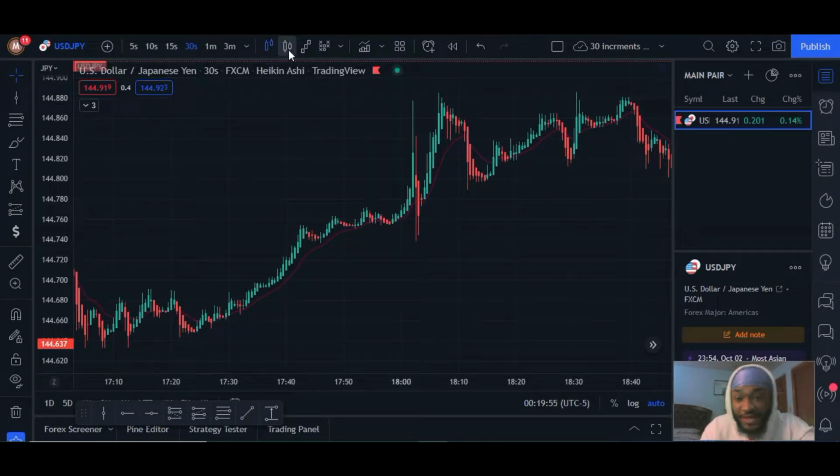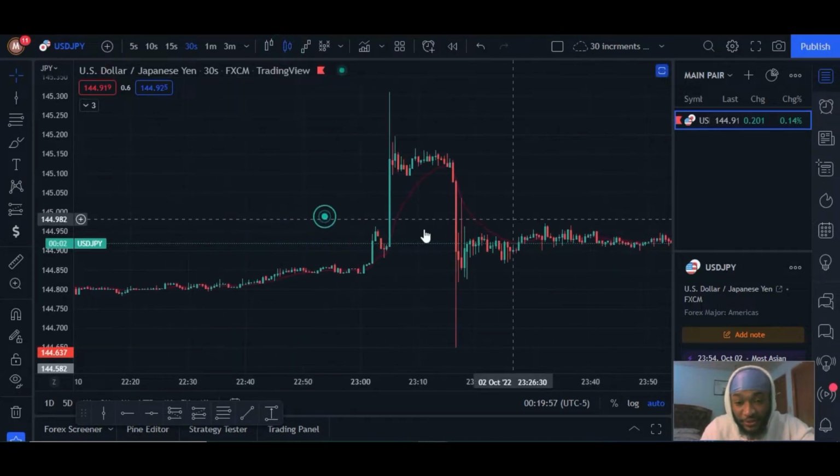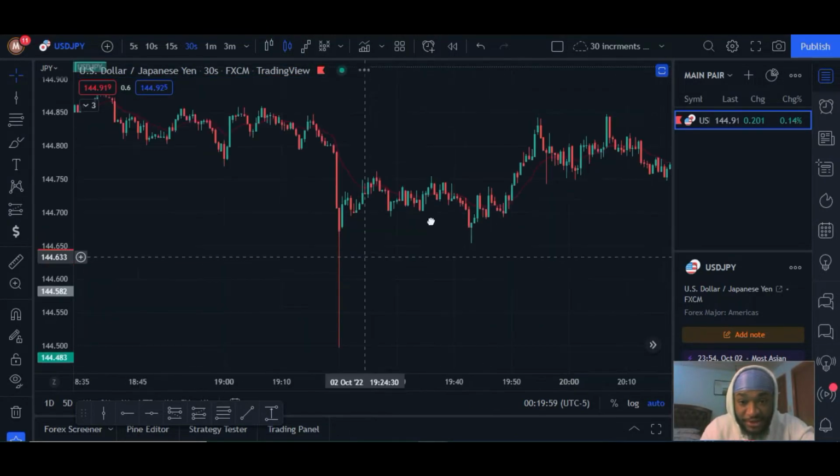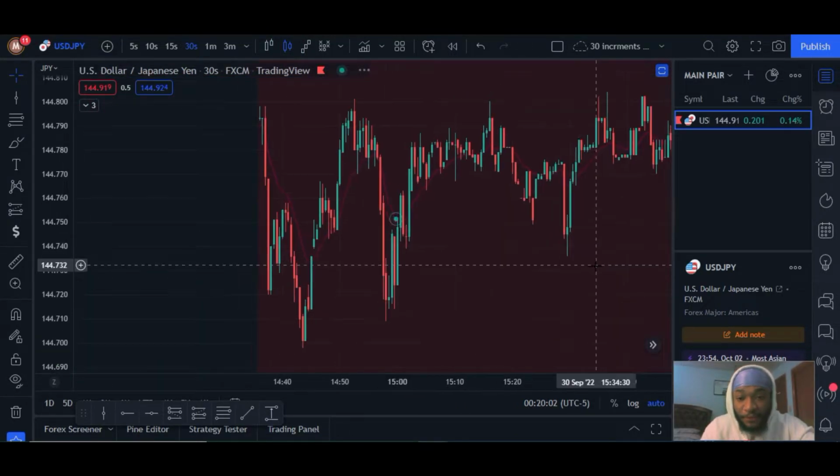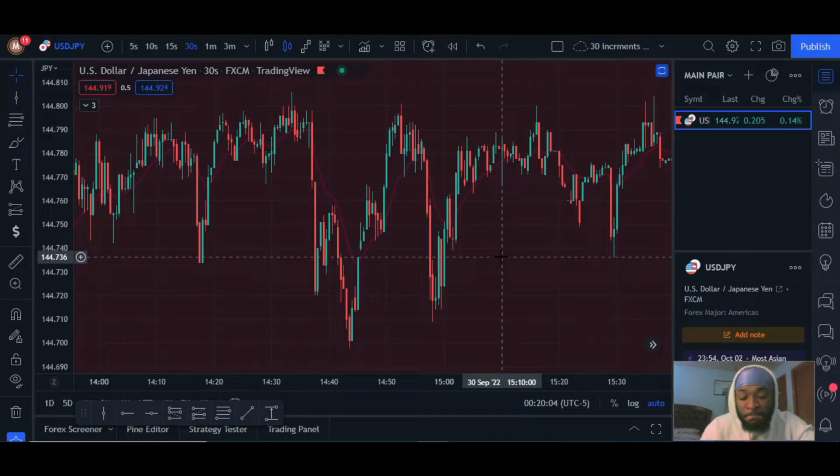So this is the Heikin Ashi chart, but if you want to compare it, just look at the regular candlesticks. For me personally, the regular candlesticks just don't have enough power in them like the Heikin Ashi do. Even when I used to swing trade, I'd see an evening star and then it would do the complete opposite of what was supposed to happen.